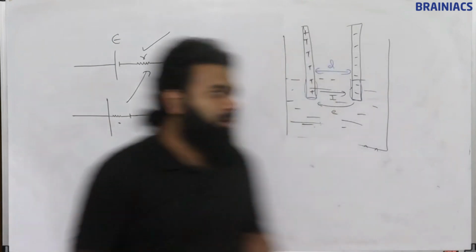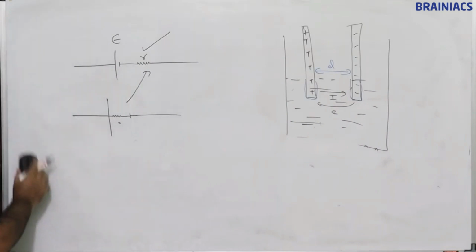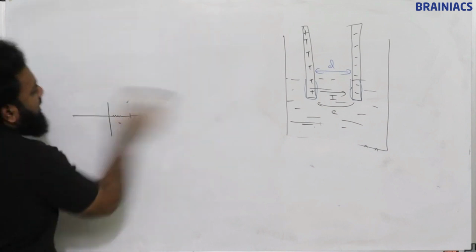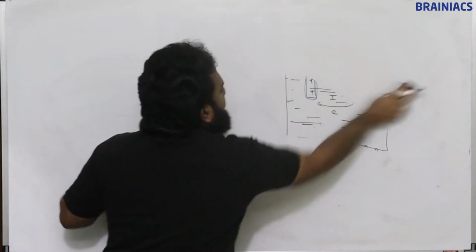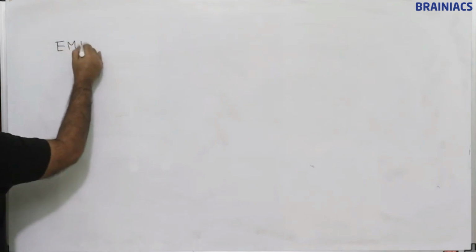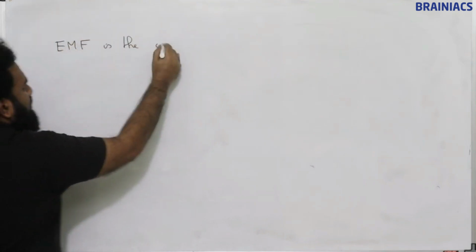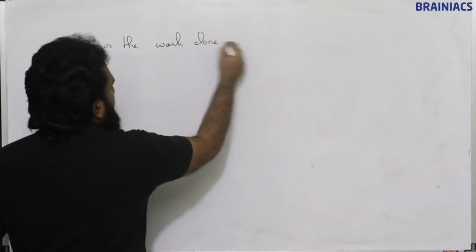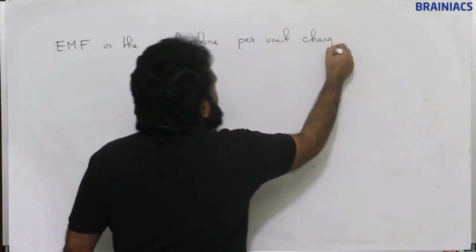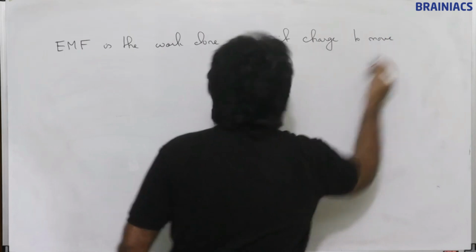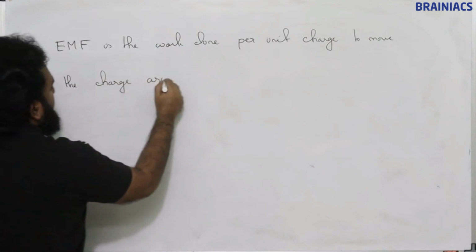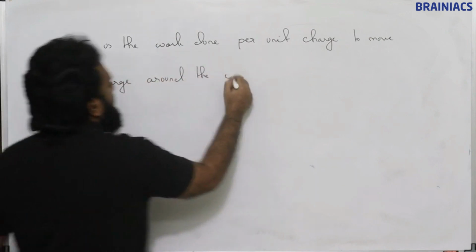So electromotive force is the work done per unit charge to move the charge around the closed circuit.